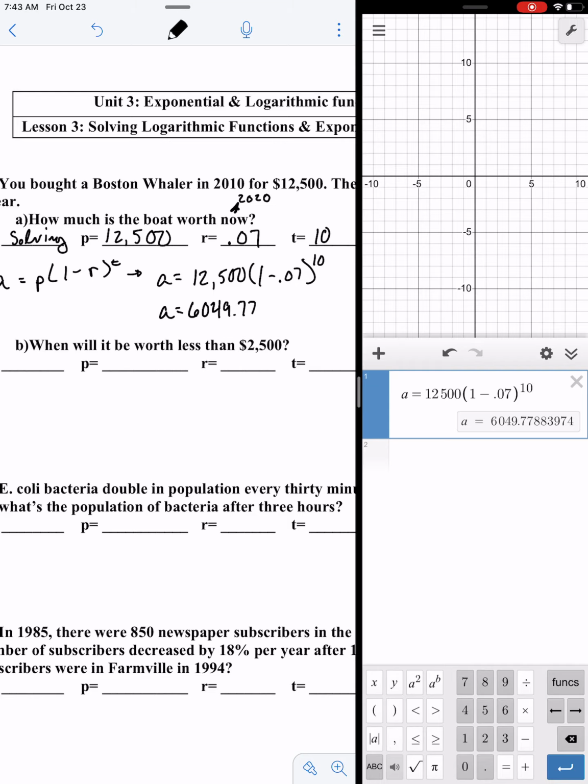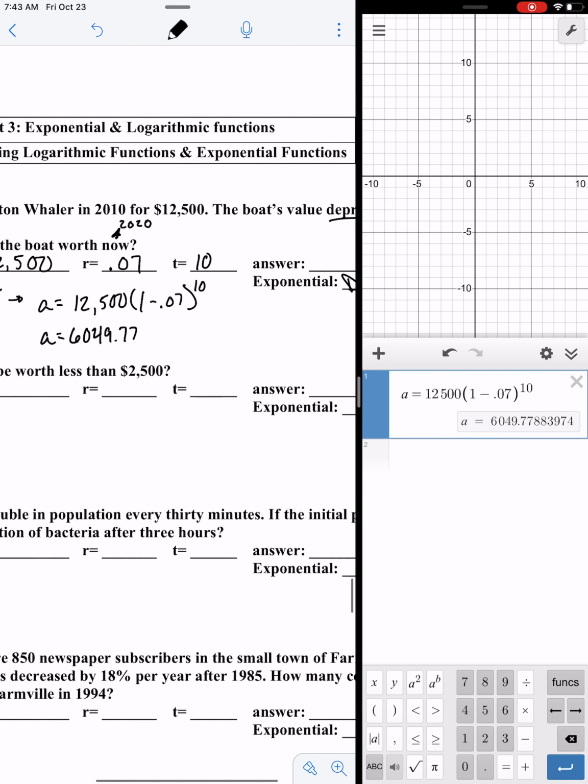These problems are probably going to ask you to round. So remember, don't make a simple mistake by rounding wrong. So we'd say roughly 6050 if it asks to round to the nearest dollar.